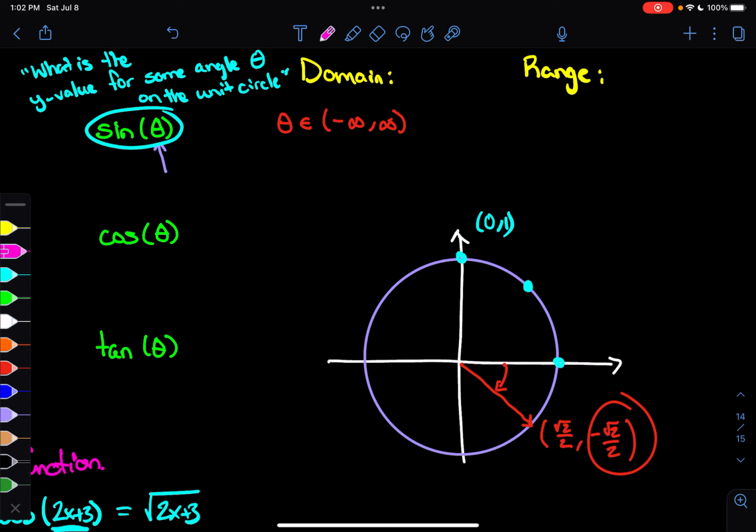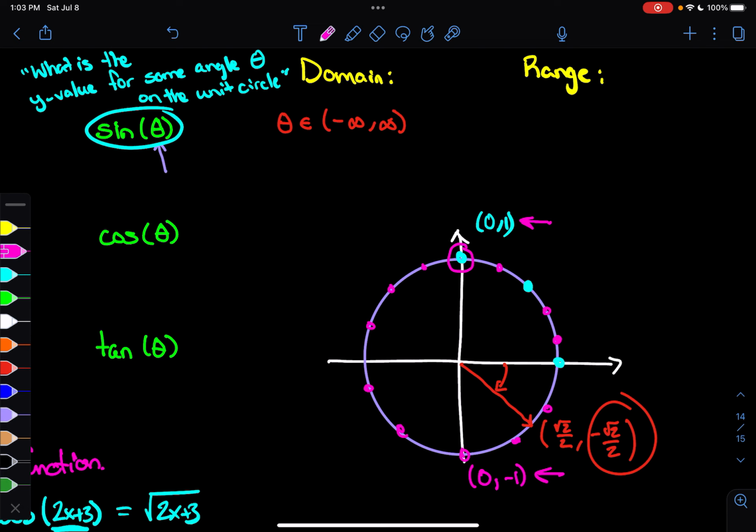Well, hopefully looking at the unit circle, we can see that for any point on the unit circle where we could possibly consider evaluating a trig function, the largest y value is going to be way up here at the top. The highest one is going to be 1, and the lowest one is going to be all the way down here. This is when the y value would be the smallest, the most negative.